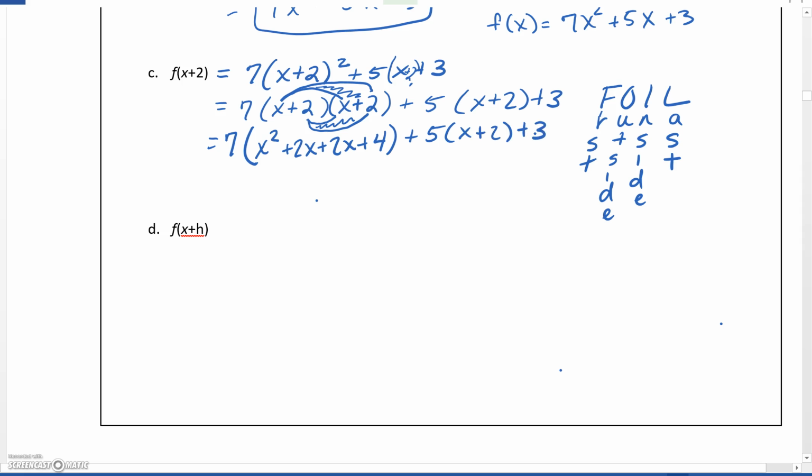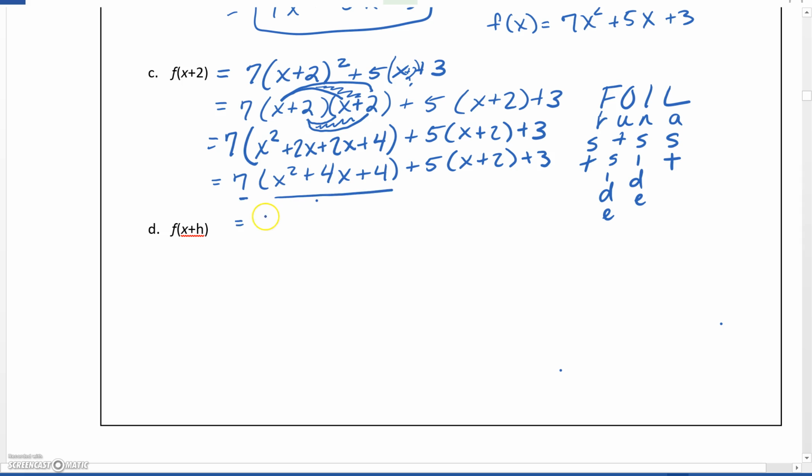And now to simplify it a little bit, I'm going to combine the like terms inside our parentheses. So I can combine the 2x and the 2x, and write it as x squared plus 4x plus 4. And I'll bring the rest down. Now I need to distribute this 7 out in front to every term in this first set of parentheses.